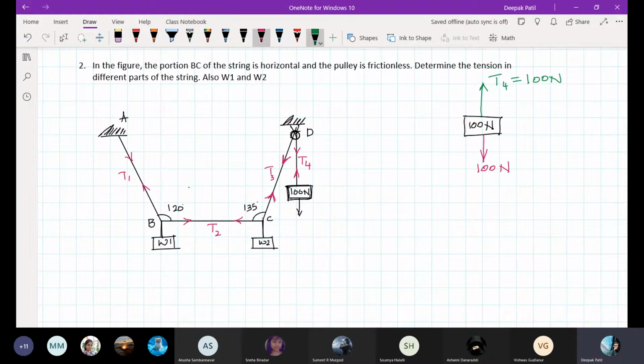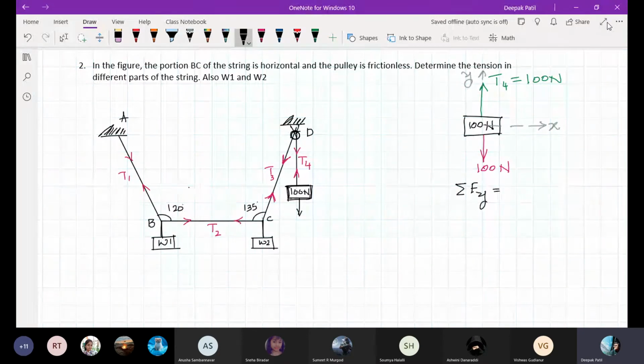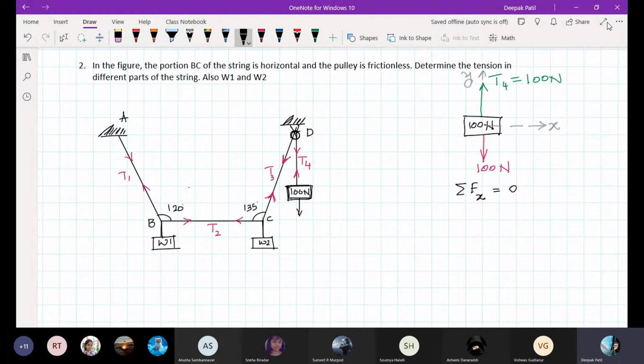How you can prove that, I will give you a very simple way. Now consider this as the x-axis and this as the y-axis. In this case, I will apply the summation of all the forces in the y direction as 0. This equilibrium equation I will apply. If I try to apply summation of Fx equal to 0, is there any force in the x direction?